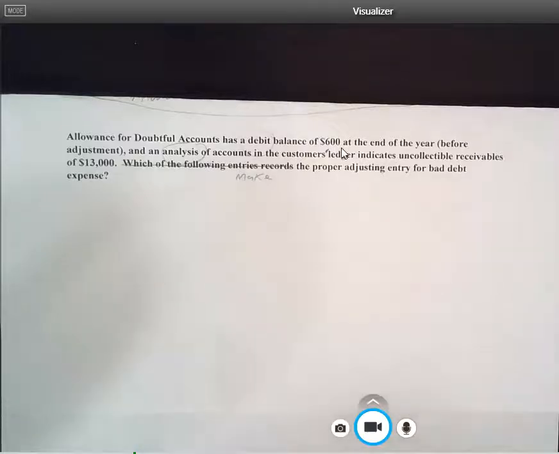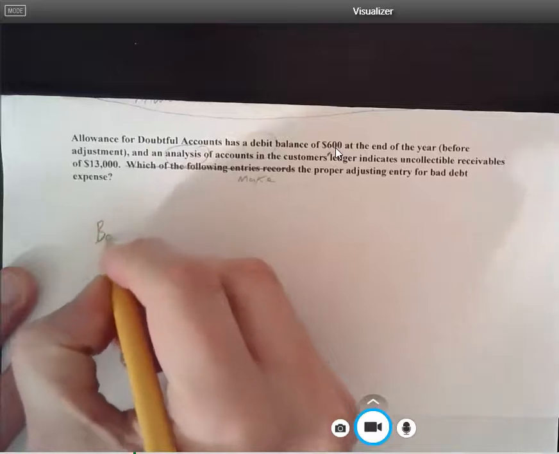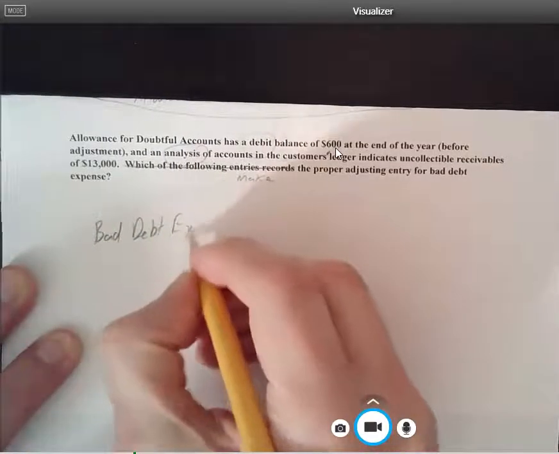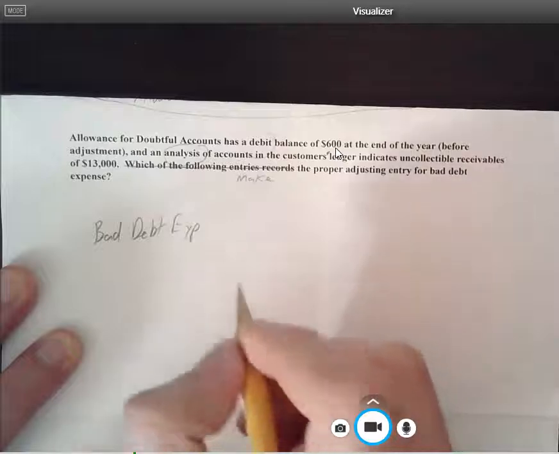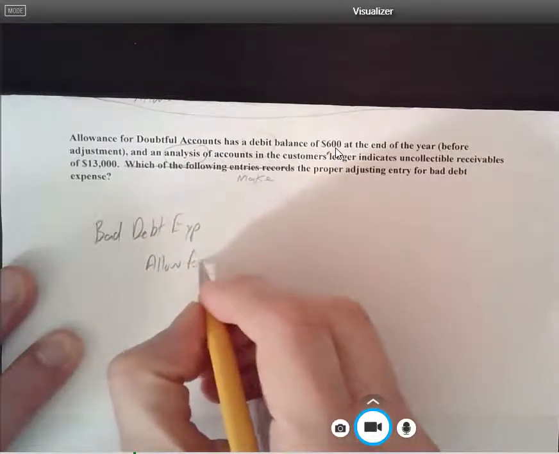So we actually have $600 of bad debt expense that has never hit the income statement. So our journal entry is going to be bad debt expense. I'm going to abbreviate this in the interest of time. Bad debt expense and allowance for doubtful accounts.